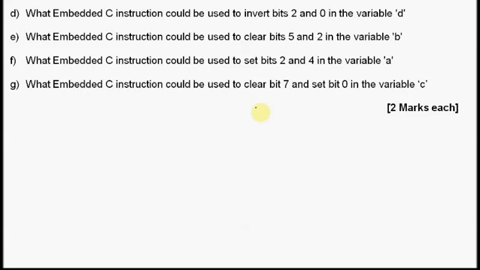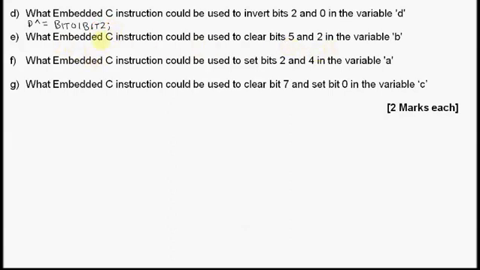Okay, a few quick questions here. Embedded C to invert bits 0 and 2 in the variable D. So D XOR equals, we use XOR to invert bits, bit 0 and bit 2.